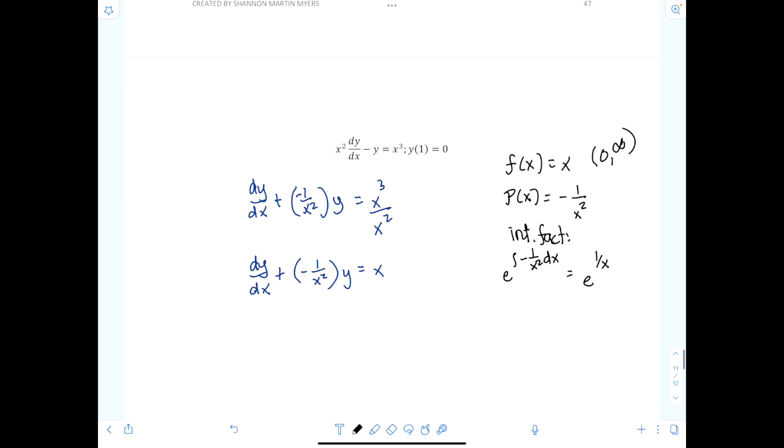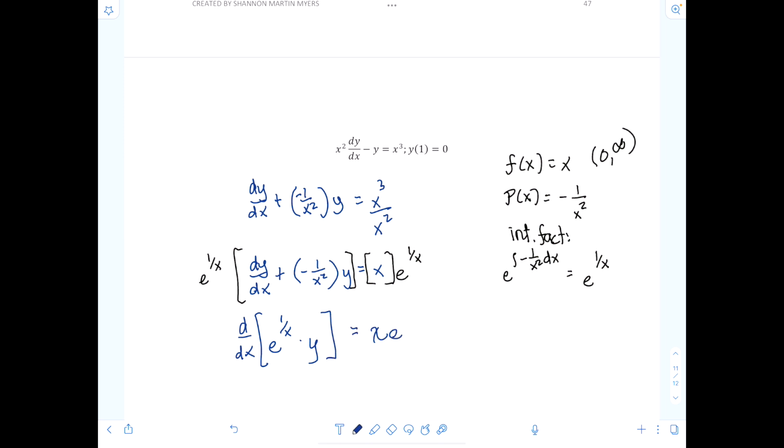Okay, so now coming back over here, multiplying both sides by e to the 1 over x, we'll have d dx of e to the 1 over x times y on the left side equal to x e to the 1 over x.